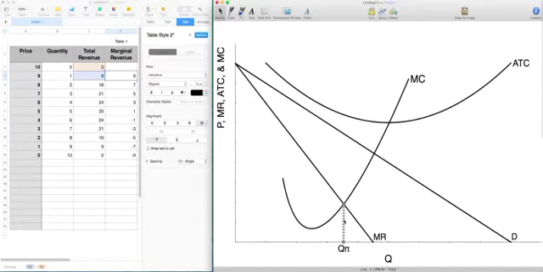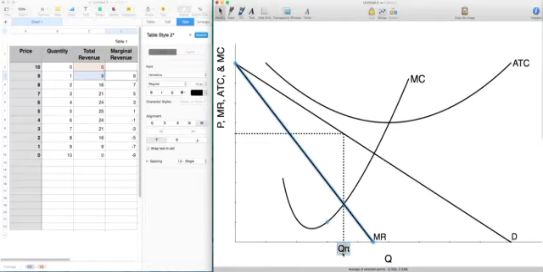And then once we have the profit maximizing output level, if we go straight up until we hit the demand curve, that will tell us what the price is going to be. So we get the profit maximizing output level where marginal cost intersects marginal revenue.